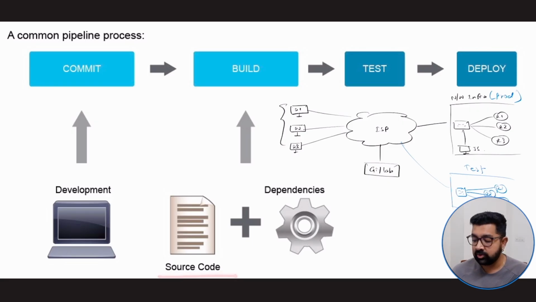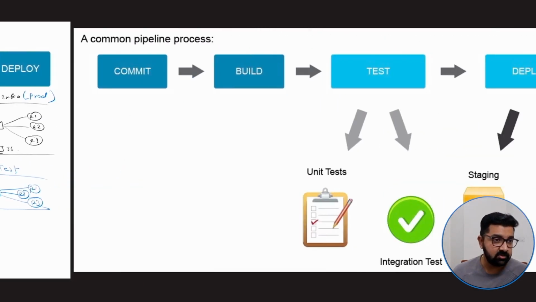You make sure that the jump server downloads all the dependencies that are required for that particular project or pipeline. And after that, the execution on the test and the deployment will start. This is how a pipeline process usually looks.